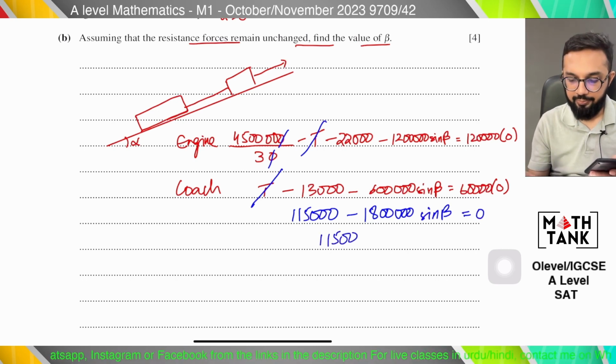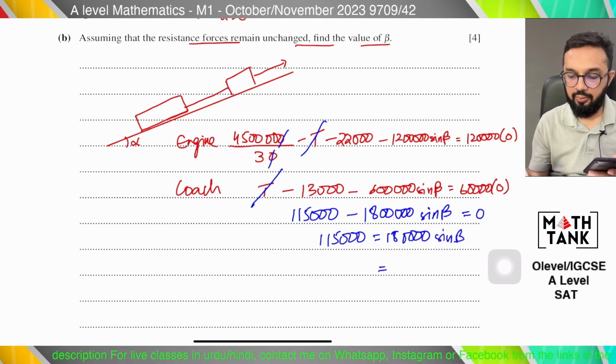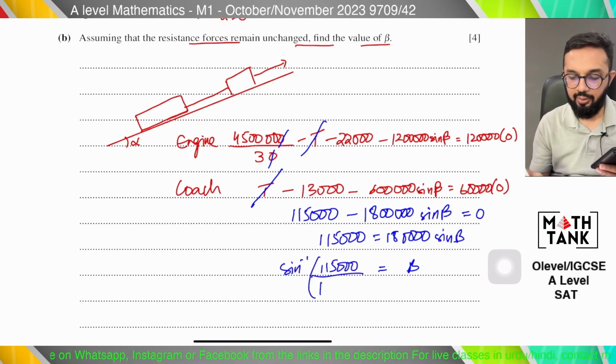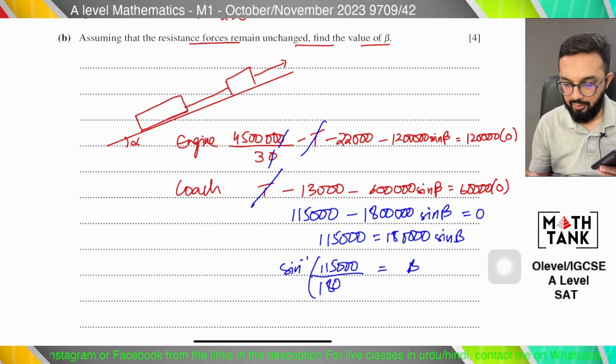Solving for sine beta, beta equals sine inverse of 115,000 divided by 1,800,000.